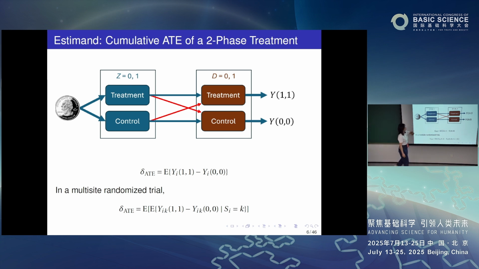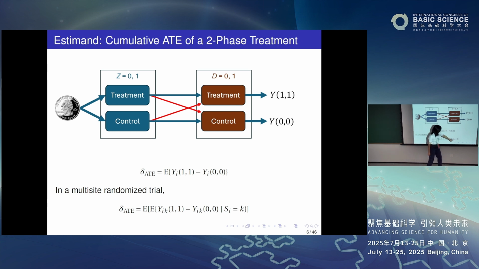For example, you may have many hospitals where you can conduct the experiment within each hospital, and you may have a lot of schools where within each school you can conduct this randomized trial. It's just a little bit more complicated, but later you will see that multi-site plays a very key role in identification of the causal effect in this setup.